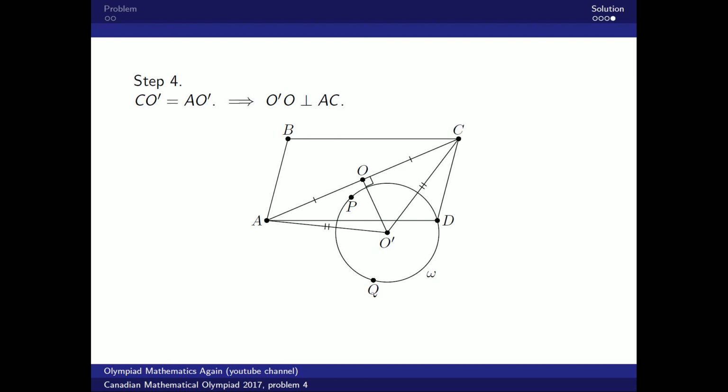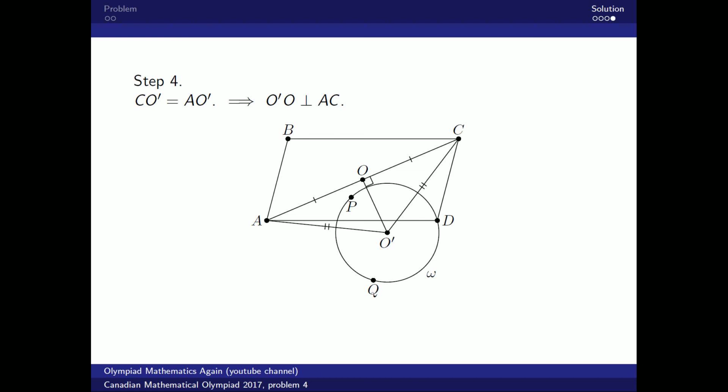So we proved in step 3, in the previous step, that CO' is equal to AO'. But then we see that the point O, the center of the parallelogram, divides the diagonal AC in half.